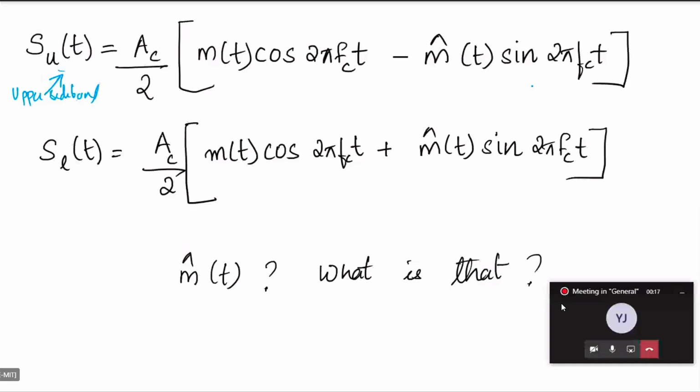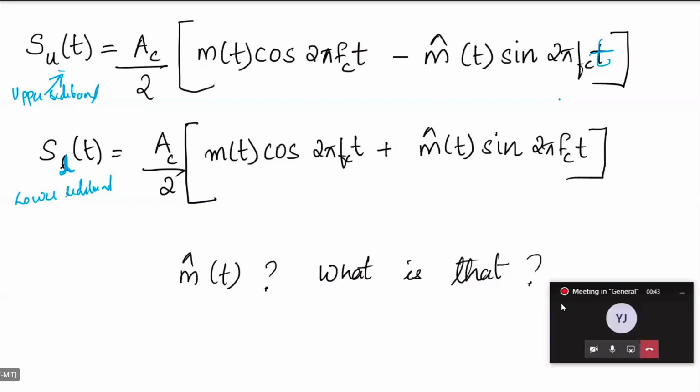This is s_U(t). And for the lower sideband, if you want to represent the SSB signal with a lower sideband, it will be s_L(t) equal to Ac by 2 [m(t) cos 2 pi fc t plus m cap(t) sin 2 pi fc t]. So this is it.